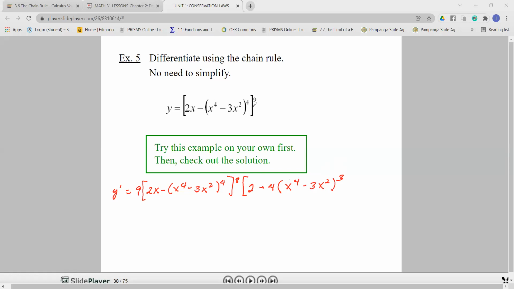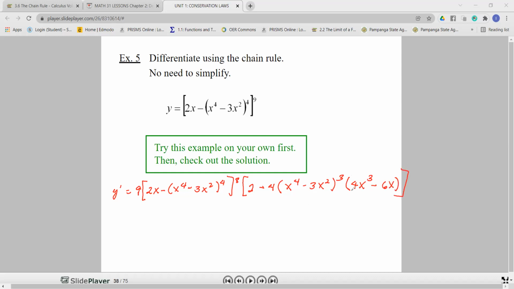Okay? Tapos, syempre, ang derivative nito, hindi lang naman yung power na ganon. It will be, again, the chain rule na naman ang gagamitin mo nito sa loob. So, 4 multiplied to x to the fourth minus 3x squared, quantity cube multiplied to derivative na nasa loob, which is equal to 4x cubed minus 6x. Ayan.